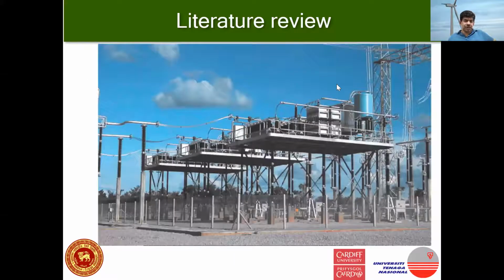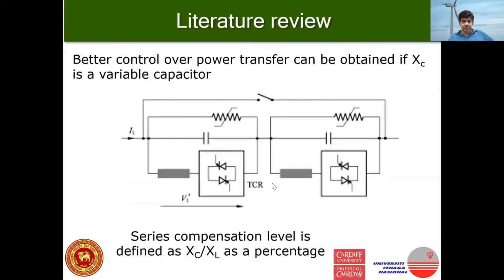And this is a series compensation system applied in, you will find many in Brazil, many in countries where there are large, long lines. So one can immediately see why we need to jump into 400 kV. Why can't we stay with 220 kV with series compensation? This is basically what series compensation means.